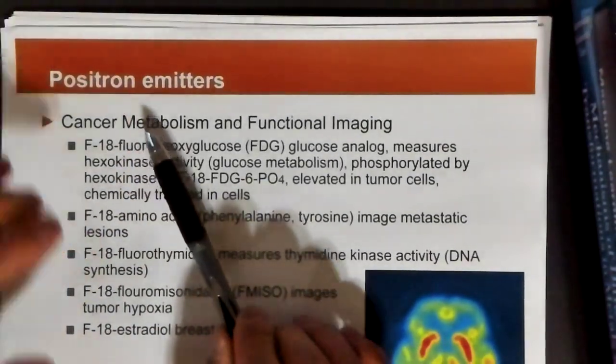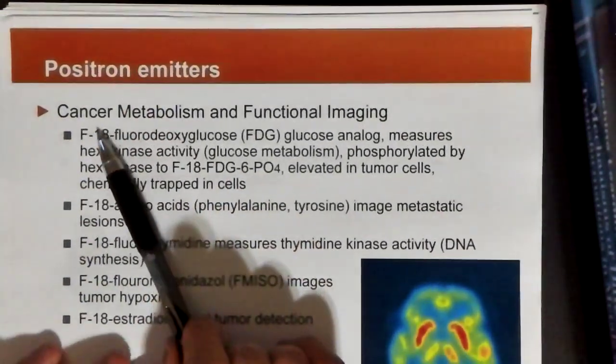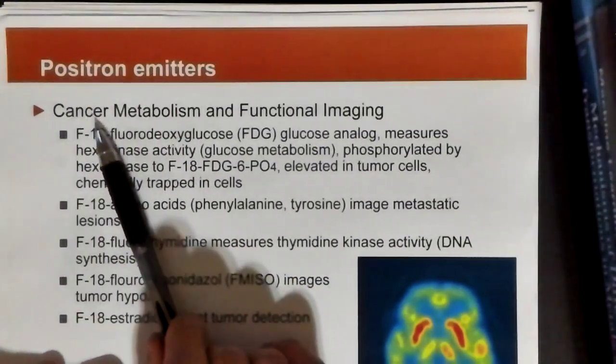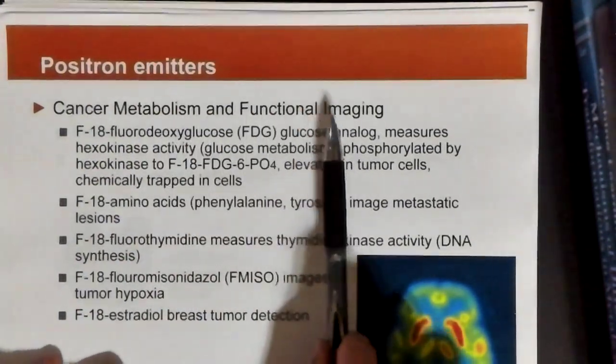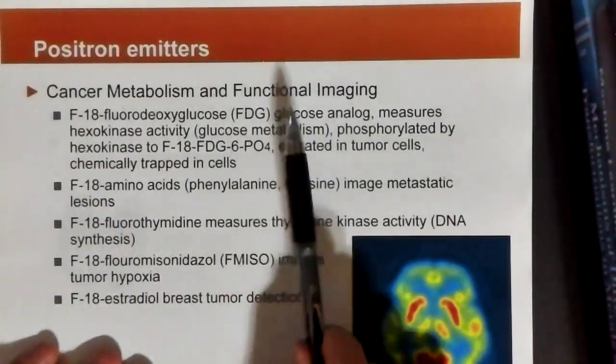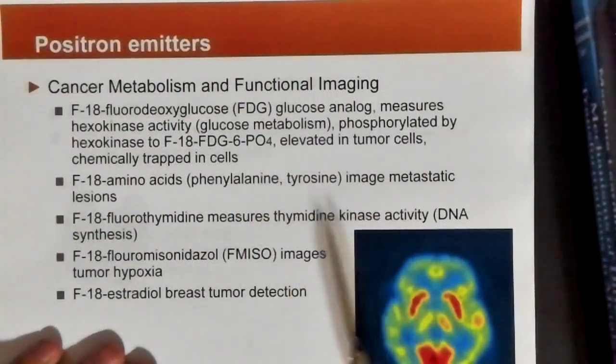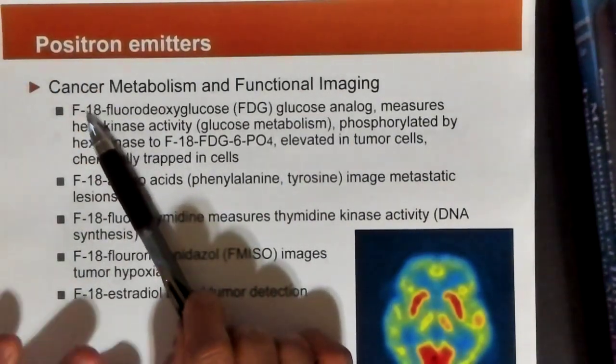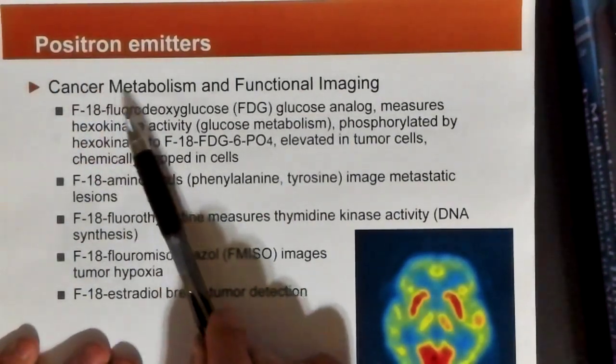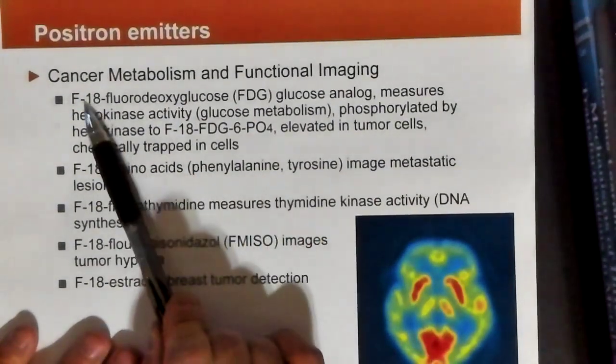Now, you can have positron emitters. So here, you can try to look at cancer metabolism as well as functional imaging, trying to see what's actually going on, how things are being absorbed. In this case, this is highlighting fluorine-18.